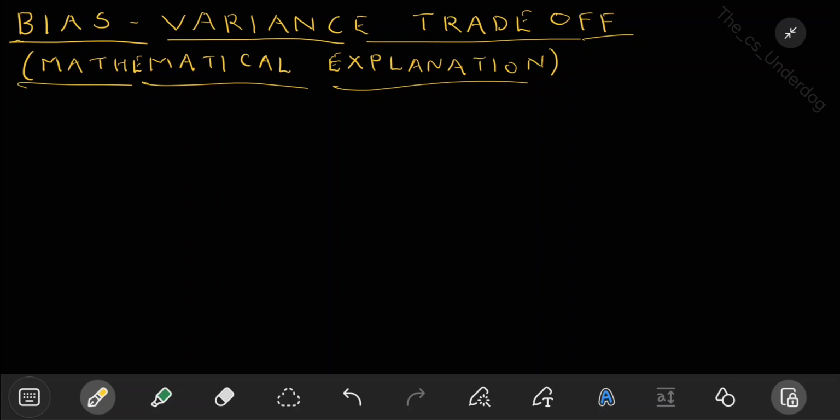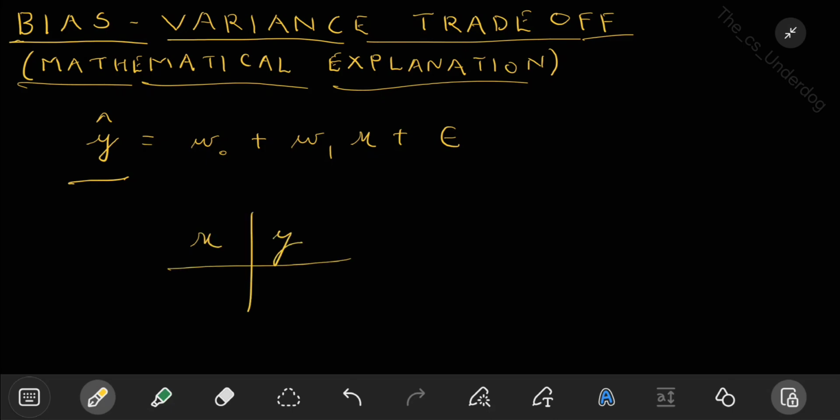Let's say my linear regression equation is like this. Y cap is equal to W0 plus W1x plus epsilon. From the previous classes, you already know y cap is the target that I predicted. Y cap is the predicted target. Initially, x and y will be provided. That is, for each of the x, what is the observed y?